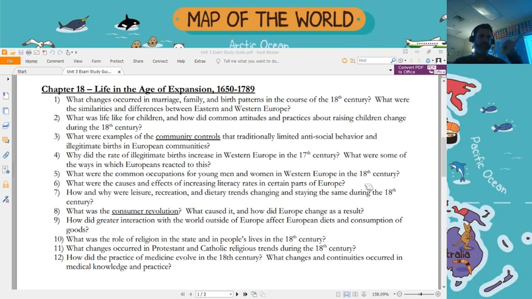As infant mortality declines, and as birth rates decline as a result, and as the standard of living for more people in northwestern Europe rises, you start to see more attention being given and more resources being put into child raising.